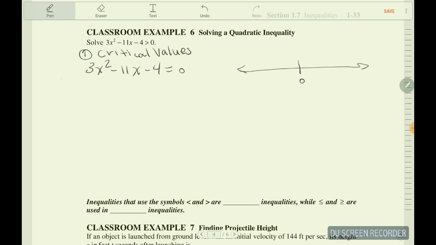So let's see. 3 times -4 is -12. And I have -11 in the middle. So if I want to multiply two values to get -12 and get a difference of -11, I'm going to use +1 times -12.